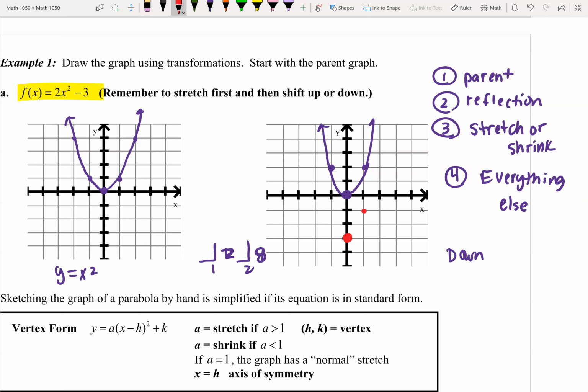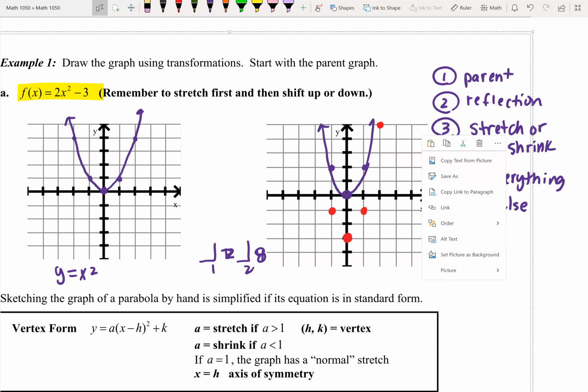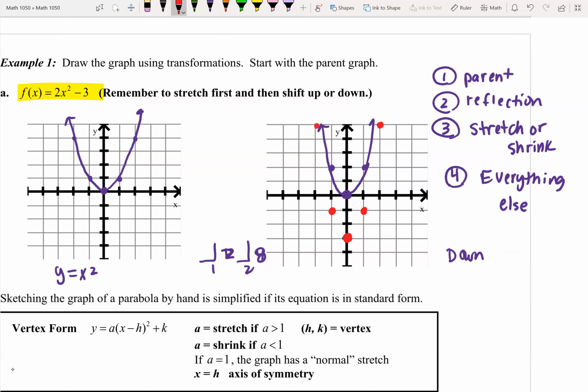So I'm going to go right 1 up 2, left 1 up 2, right 2 up 8. And that actually puts me right on the edge of my grid that I've got right there. So I draw it in, and there's my graph. Okay. Maybe take your highlighter and highlight the final answer or something, just so you know.